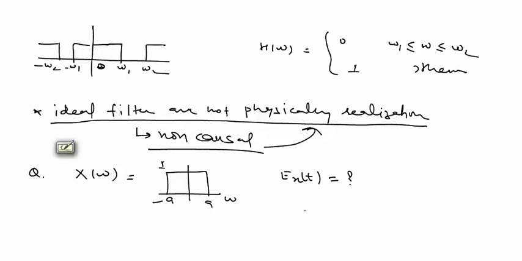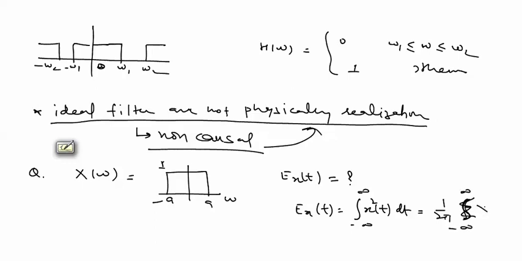As per Parseval theorem, the energy of a signal can be calculated without changing the domain: 1 upon 2 pi times the integration from minus infinity to infinity of mod X(omega) squared d omega. So we can calculate energy from this expression, from the spectrum domain diagram also.